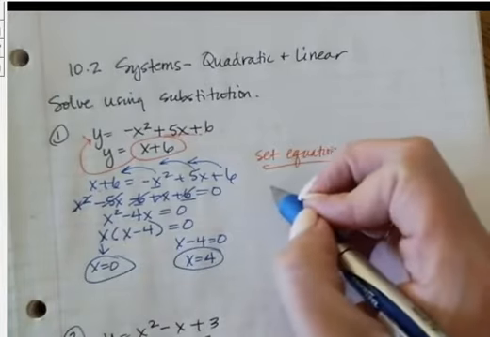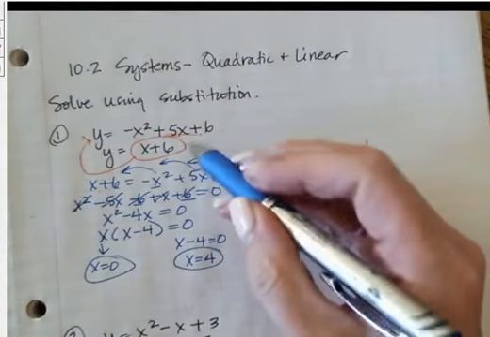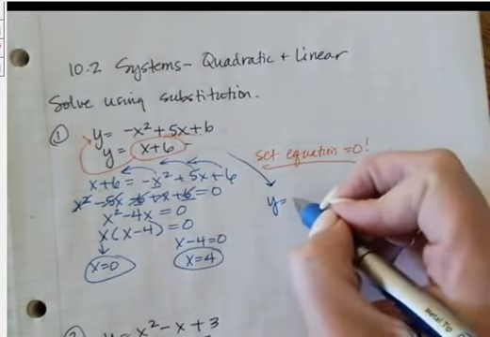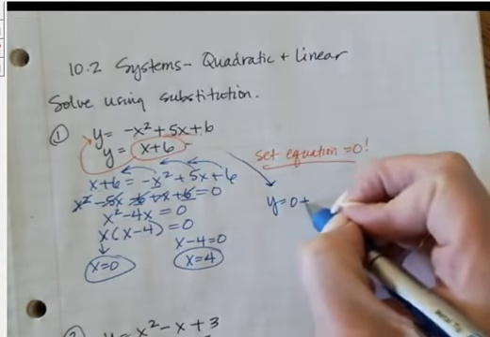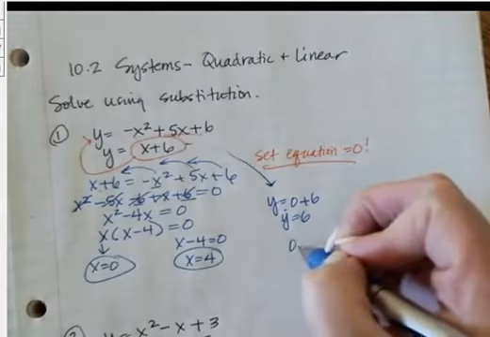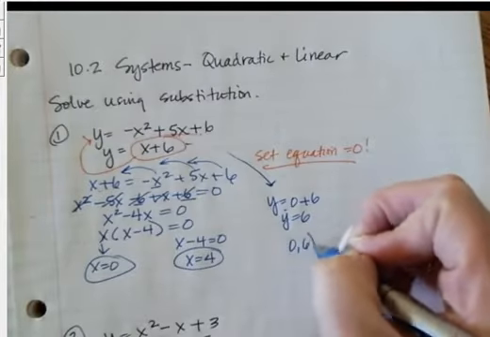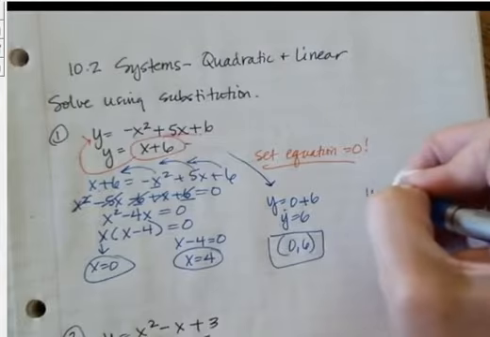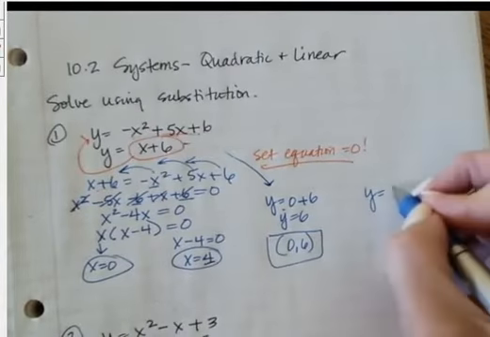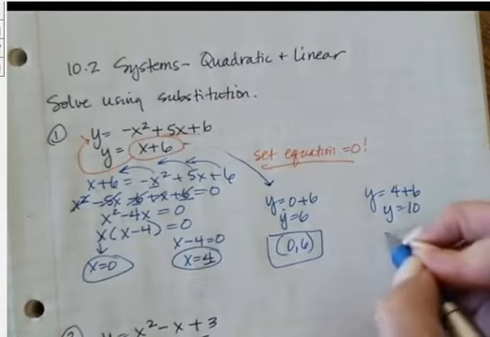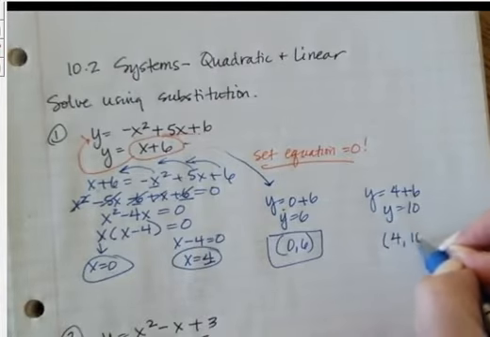So what I'm going to do is take my y equals equation, the original, and put in 0 for x plus 6, and I find out that y is 6. So that means one of my solutions is (0, 6). Then I use the same equation, but I'm going to use my 4 this time. So I'm going to put in 4 plus 6, so y is 10. So that means the other solution should be (4, 10).